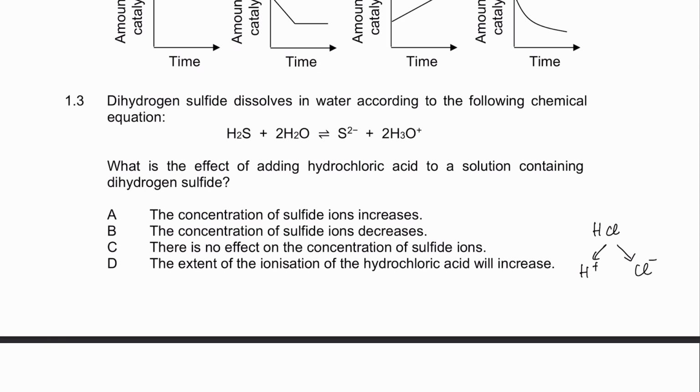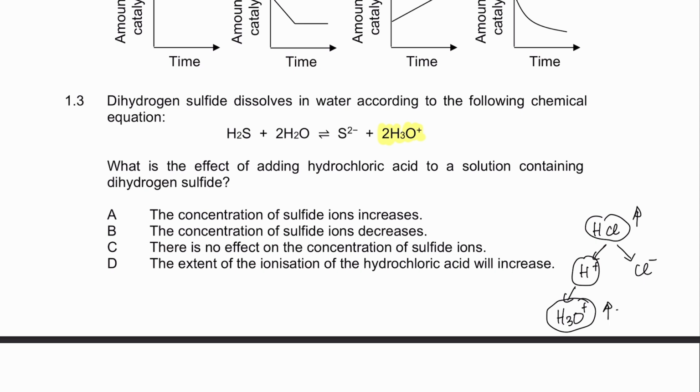Now in solution, this H plus then becomes H3O plus. Now H3O plus is in our reaction. So adding HCl means that the amount of H3O plus will increase.